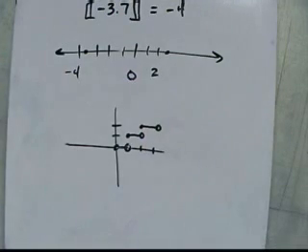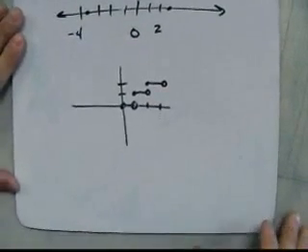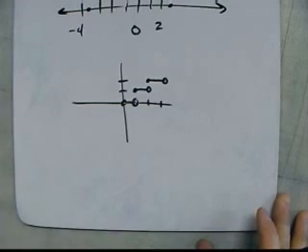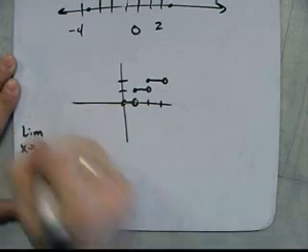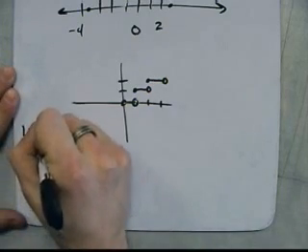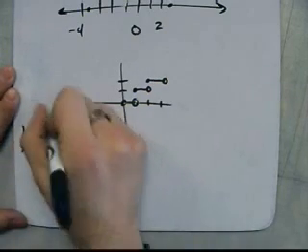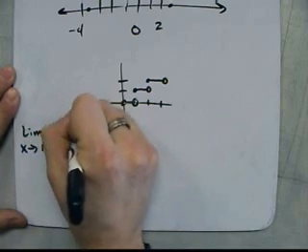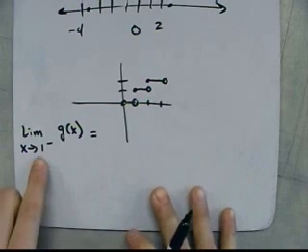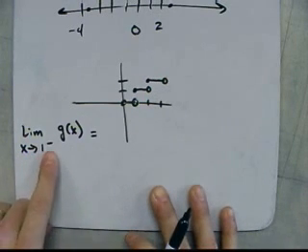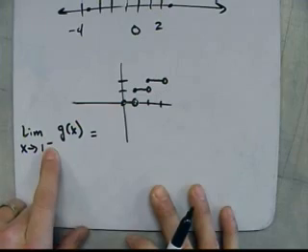Now, if I were to do some limits of this guy, let's go ahead and take a look at some one-sided limits of this. If we take the limit of this function as x approaches 1 from the negative side of g of x, so I'm taking the limit of this function as x is going to 1 from the left side now.